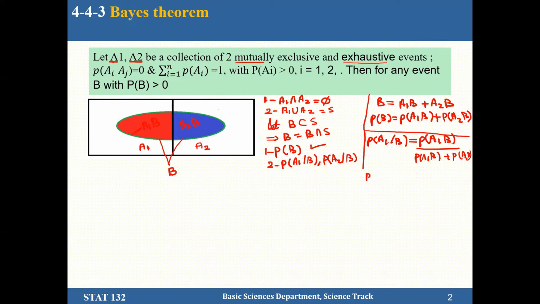Similarly, P of A2 given B equals P of A2B over P of B, and P of B is P of A1B plus P of A2B.